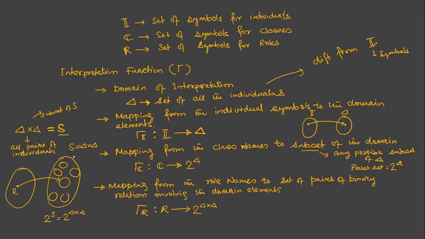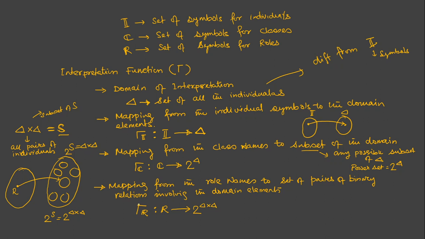So this set, I should not say S, this will be 2 to the power S, or 2 to the power delta cross delta. This is the set of all the subsets of delta cross delta.